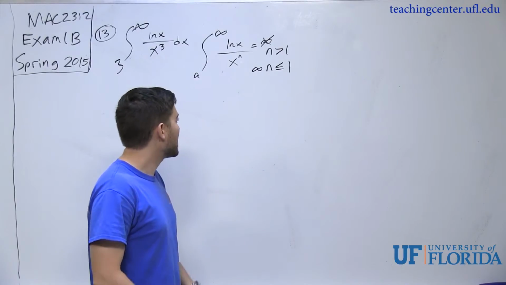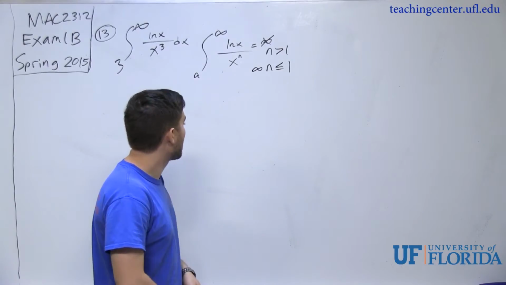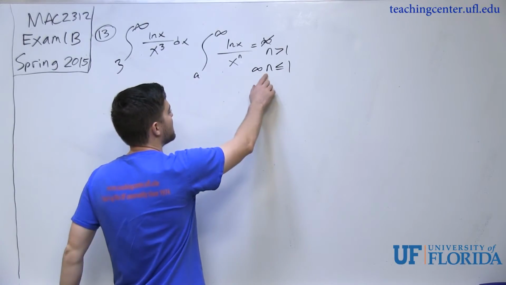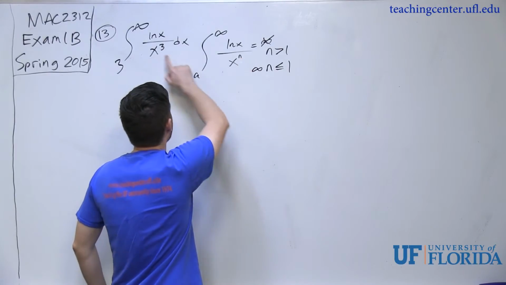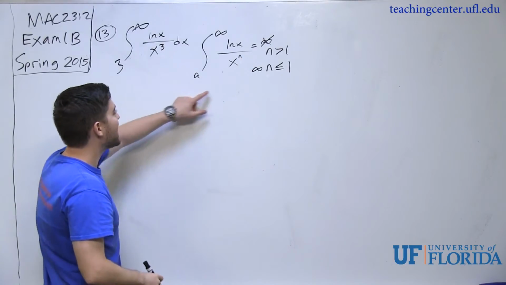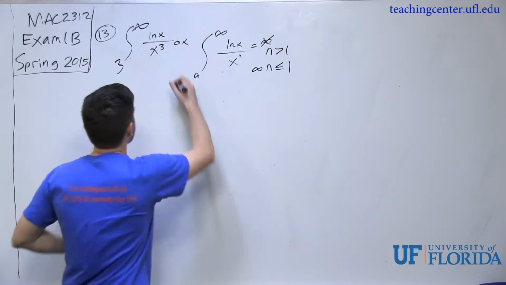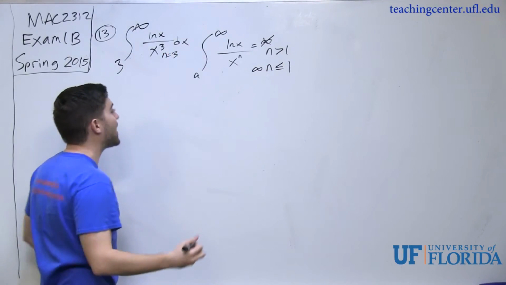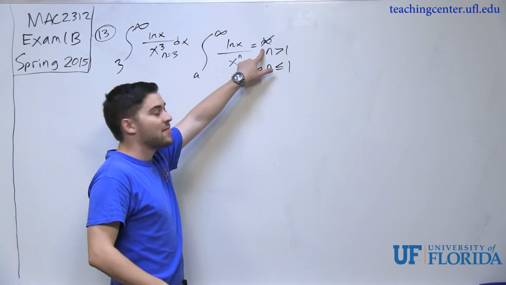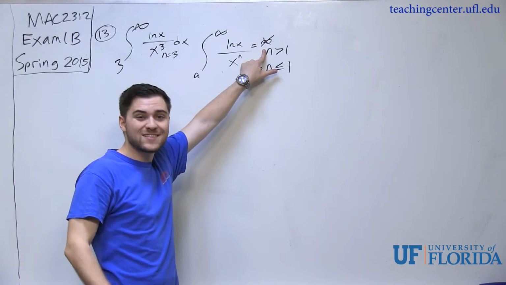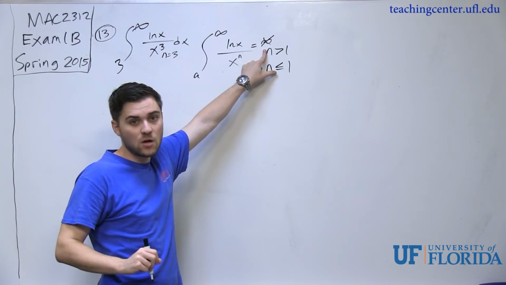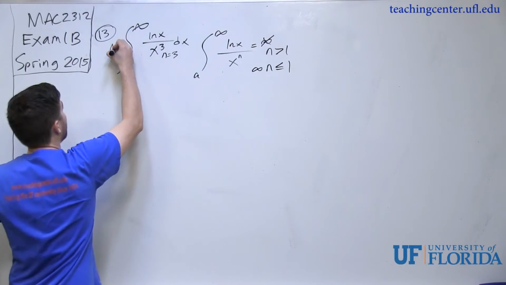Now, looking at this problem, my n is in fact greater than 1. n is equal to 3. So when n is equal to 3, that tells me that this has to be convergent, which means that it cannot equal infinity. So in reality, this was letter A.